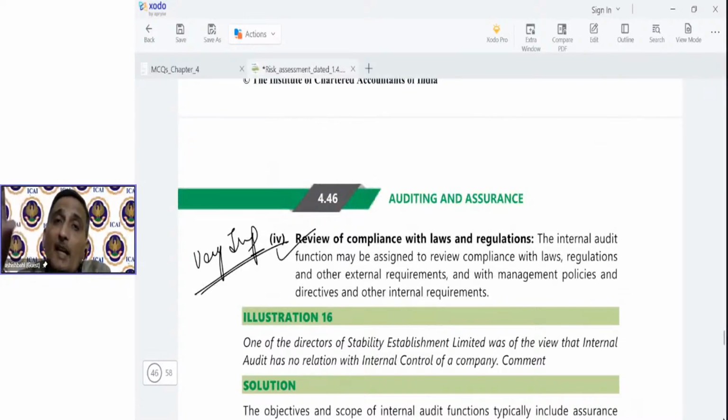Say the plant of the company is required to comply with the pollution control requirements because it is discharging some gaseous harmful effluents. Then whether all those compliances are being made. What are the regulatory requirements in this regard? Whatever records are required, whether these are being maintained or not, or whether some reports are to be filed with regulators, these are being filed or not. Okay, so all these things.